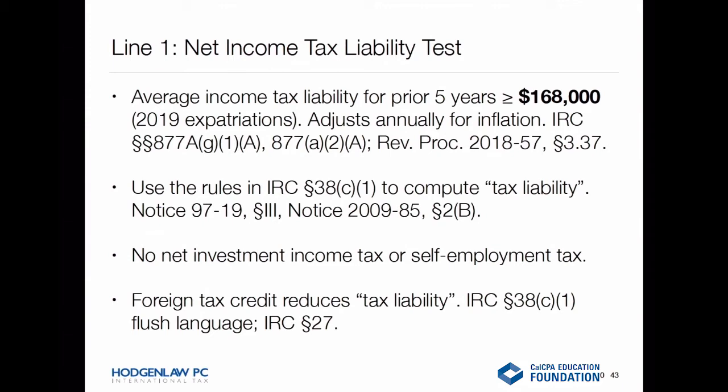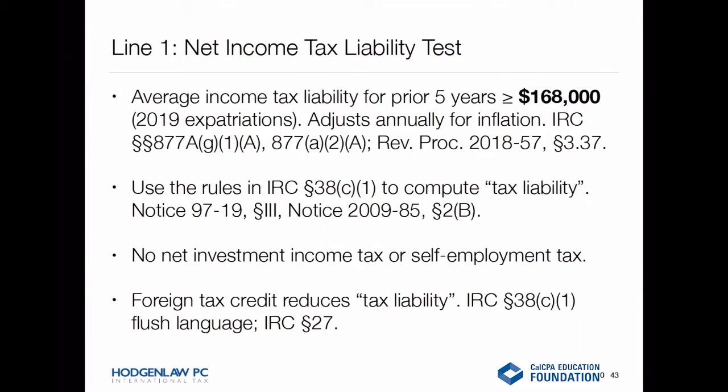To actually see what your net income tax liability is, it's not purely as simple as just taking the tax liability number off your tax return. There's a couple adjustments you need to make. Some credits you don't include.